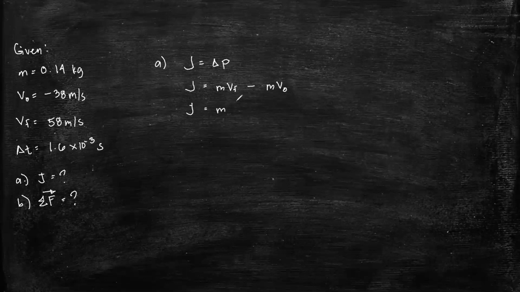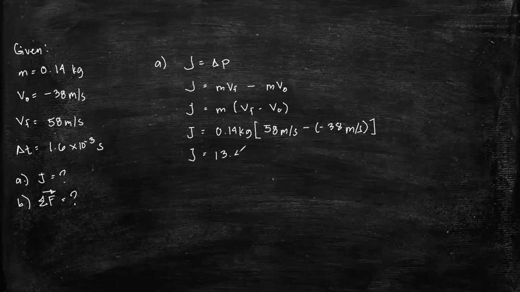So we have now the impulse is equal to mass times the change in velocity. So substituting the value of the mass and the given velocity, therefore our impulse is equal to positive 13.4 kilogram meter per second.